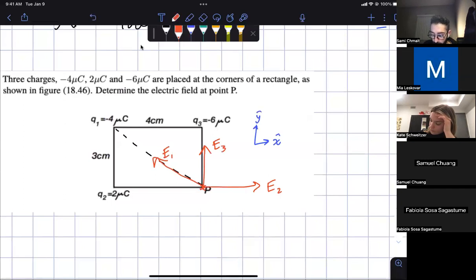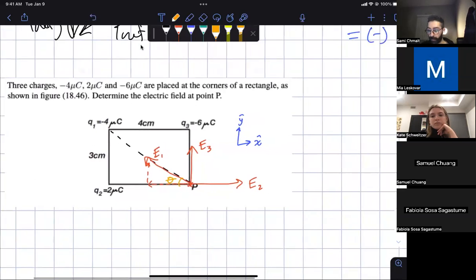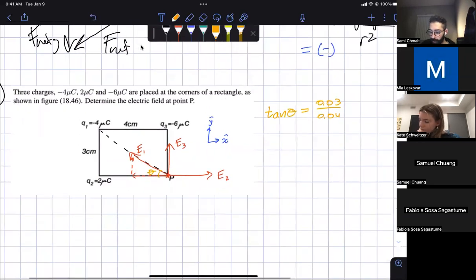We know to break E1 into its components, like this, and like this. You can solve for this angle theta, because we'll say tan theta is equal to 0.03 divided by 0.04. Okay, and I'll tell you what that is.